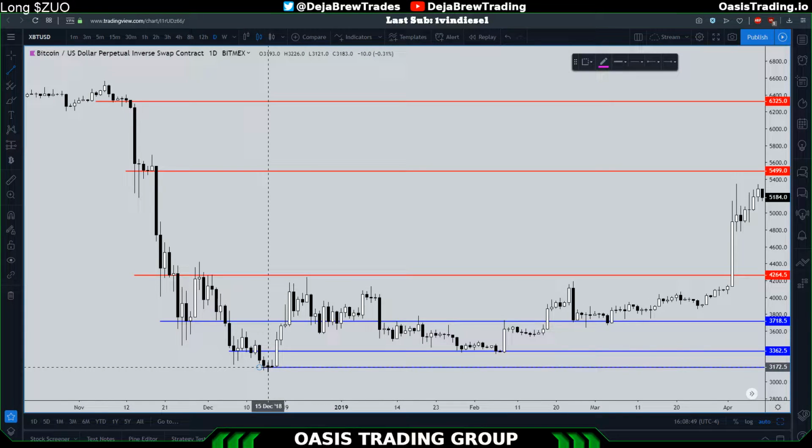What I mean by local and overall is just the longer time. The overall trend has more candles inside of it than the local trend. The local trend is just the recent price action. The overall trend is the price action that's been happening for a much longer period of time.